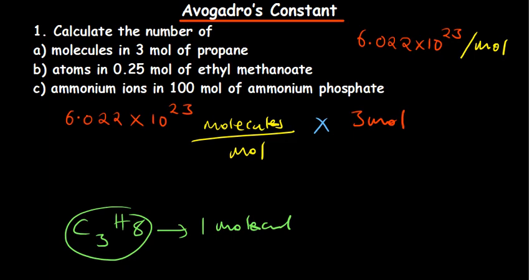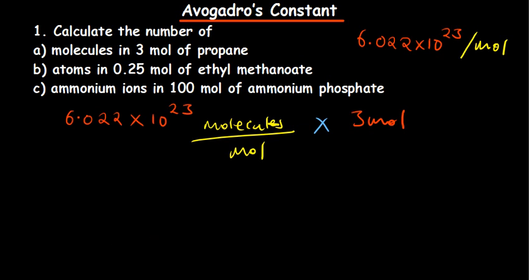So if we multiply the Avogadro's constant by 3, grab your calculator and try that one out. The answer you should get is 1.8066 times 10 to the power 24. 24 what? Molecules of propane.